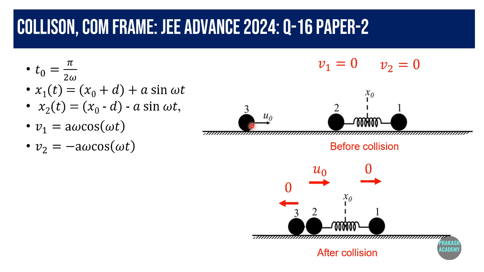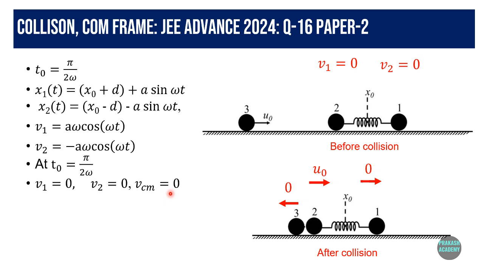Now this particle is coming and this is going to collide with this. Collision is elastic, so velocity will be interchanged because masses are equal. So collision occurs at this time. We know v1, v2, and if I know v1, v2, then I also know VCM, because m1 v1 plus m2 v2 divided by m1 plus m2, and both velocities are 0.